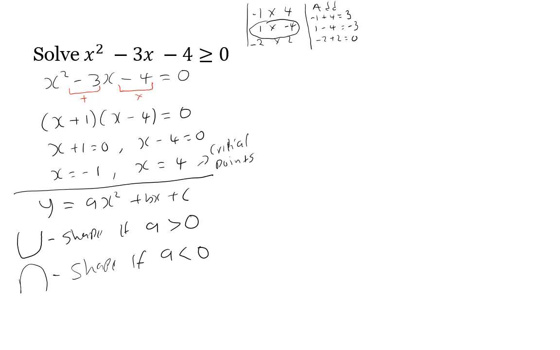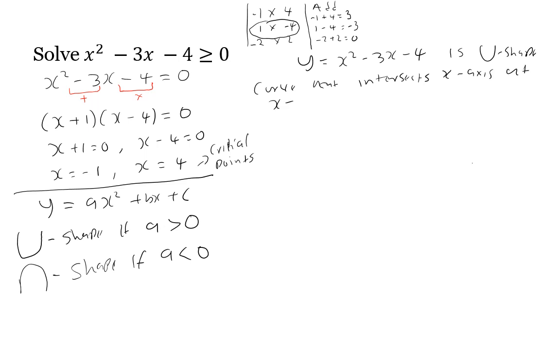We have y equals x squared minus 3x minus 4. The coefficient of x squared here is 1, it's not negative. So we have a U-shaped curve that intersects the x-axis at x equals minus 1 and x equals 4. That is our critical points.